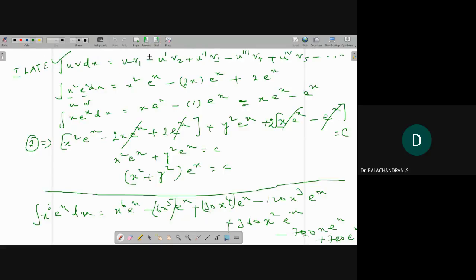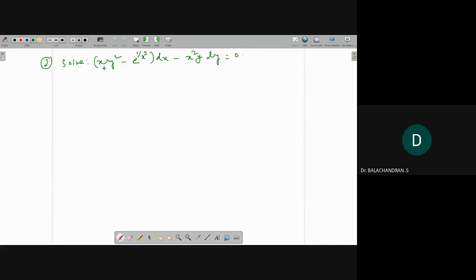So the final answer is x square plus y square into e power x equal to c. Now the next problem: (xy square minus e power 1 by x cube) dx minus x square y dy equal to 0. This is m, including the minus sign. This is n. You can try this problem, but I will tell you this is not exact.